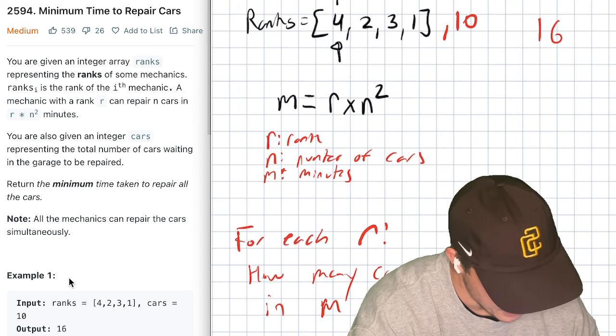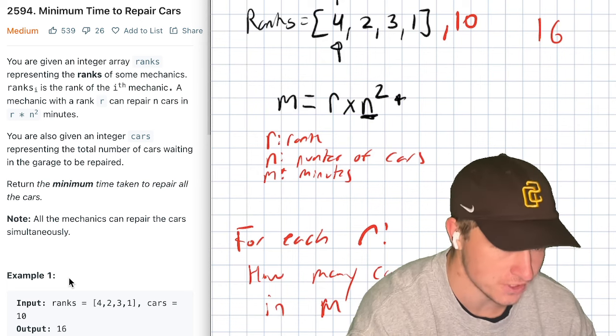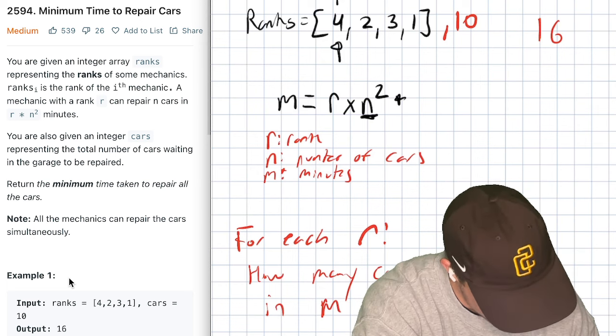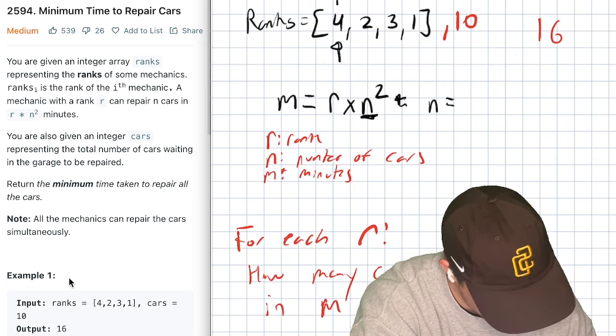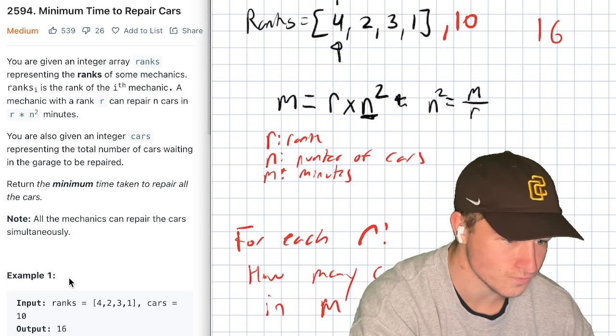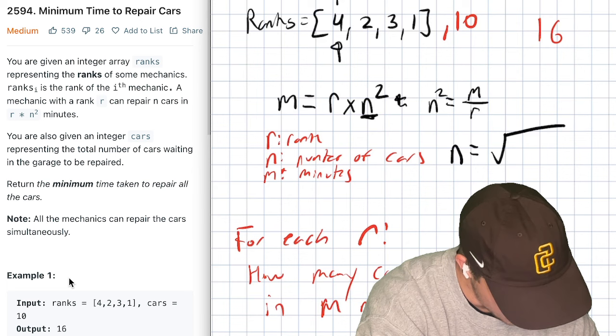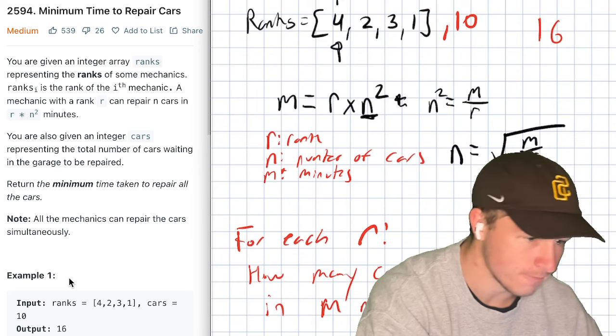I'm doing a very terrible job today. So basically what I'm trying to get at here is take this formula and solve for n. So this becomes n equals m over r, which means that n equals the square root of m over r.